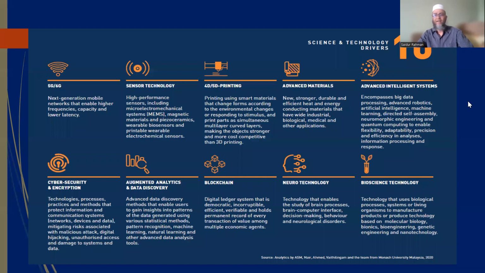These are the 10. On the vertical axis, as you can see, are the 10 science and technology drivers: 5G and 6G technology, sensor technology, 4D and 5D printing, advanced materials. This is where we are also working.